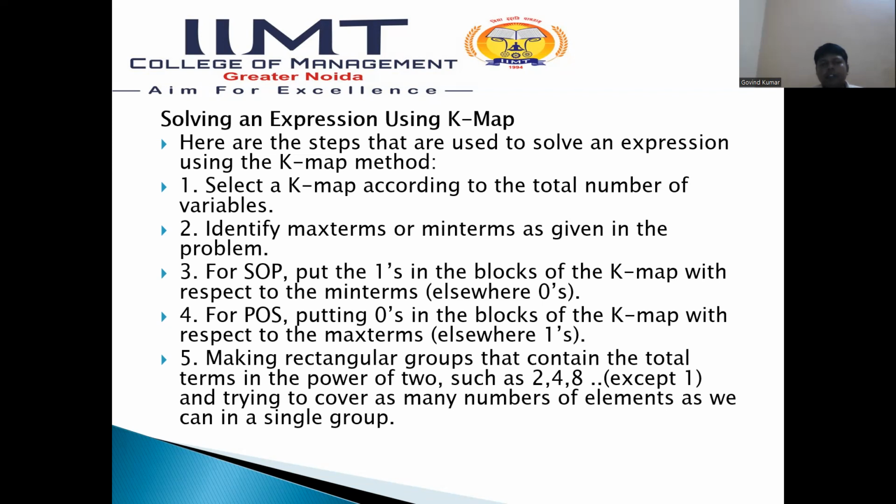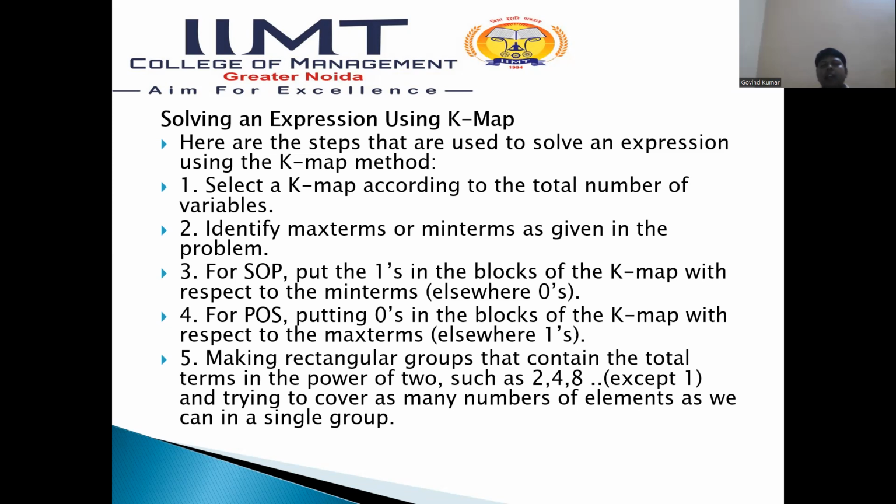Sum of product corresponds to min terms, and product of sum corresponds to max terms. For a don't care condition, the cell in the min term and max term position is filled with the value 1 or 0 as needed.